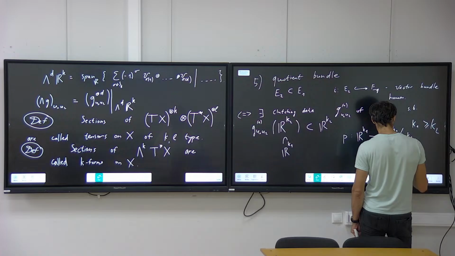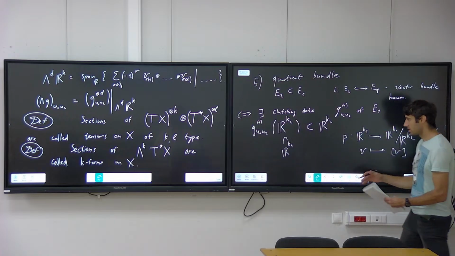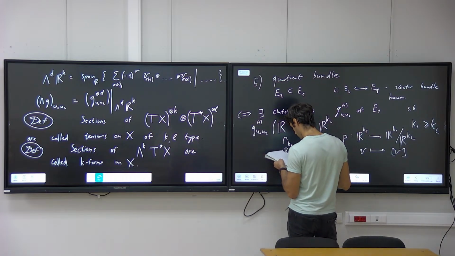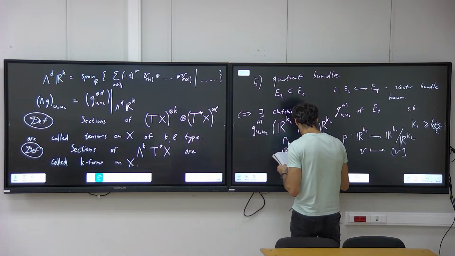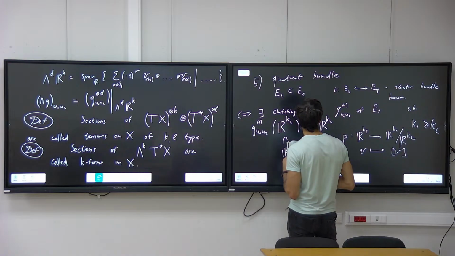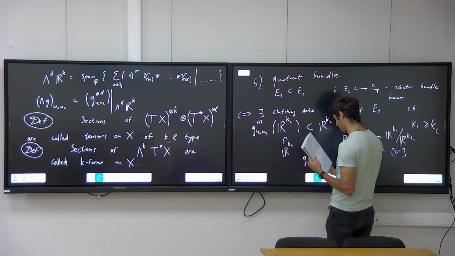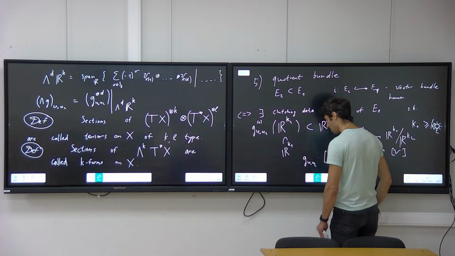So the corresponding class is just v with brackets, and then I just consider the following clutching data for the quotient, G U1 U2, right? So this will be G for the quotient already. So it acts on a class.